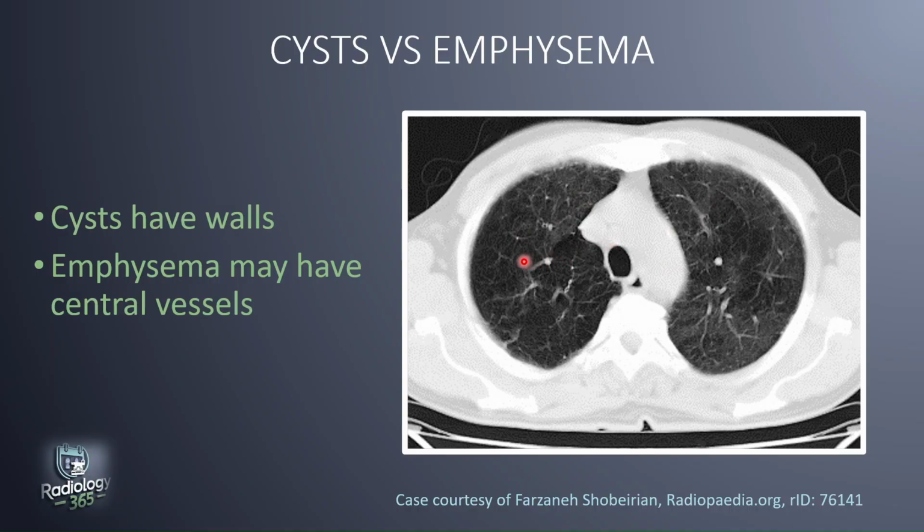Someone may argue that these linear opacities are the wall of the cyst, in quotes, but they are actually the walls of the secondary pulmonary lobule. So we still see the septa of the secondary pulmonary lobule, as well as the vasculature crisscrossing through the areas of increased lucency, but no defined wall of a cyst, which would be quite rounded.